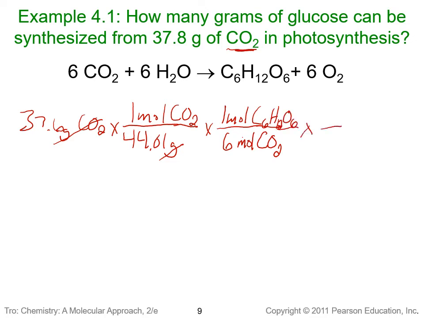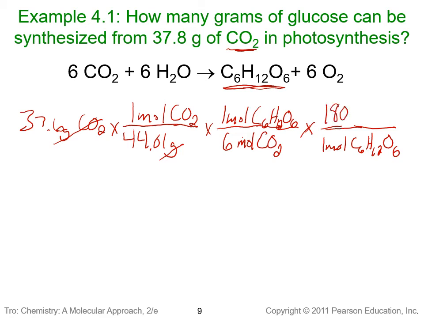And now that we're in moles of glucose, if we want to find grams, again we need the molar mass, but now we need the molar mass of the glucose to go back to grams. So 1 mole, and we add up the mass of the carbons plus the mass of the hydrogens plus the mass of the oxygens.